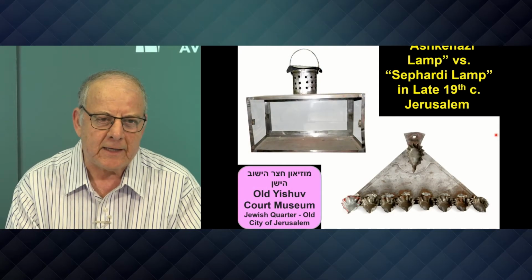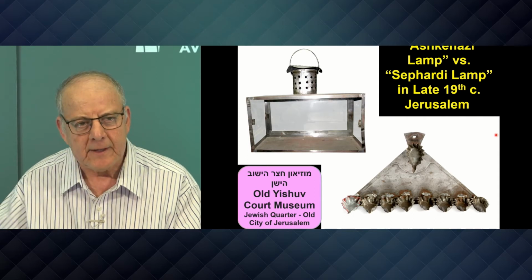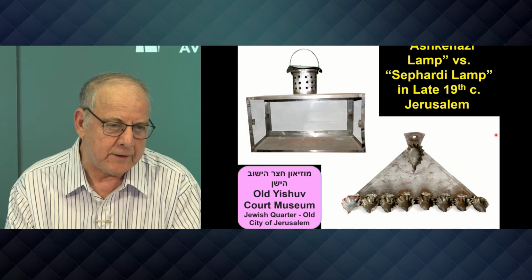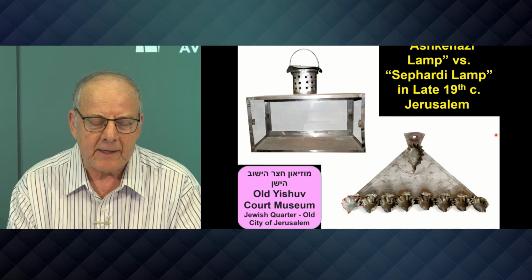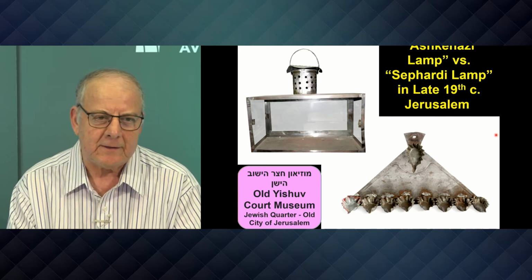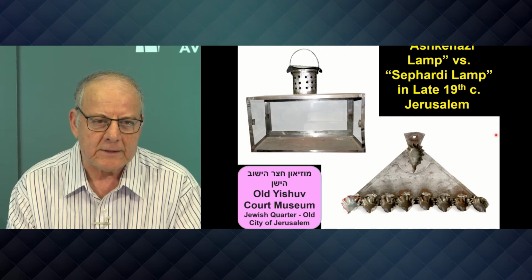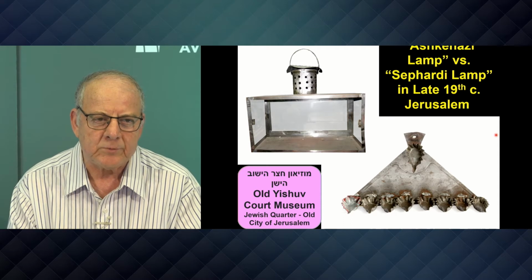I selected two of this type. The Ashkenazi one on the left continued that tradition in Jerusalem to today. You can see it in Mea Shearim. It's like a case with glass windows, and they put the cups with the oil inside so that they are not extinguished by the wind.